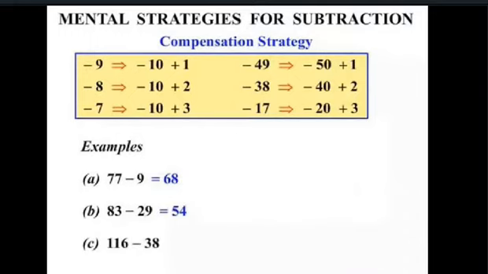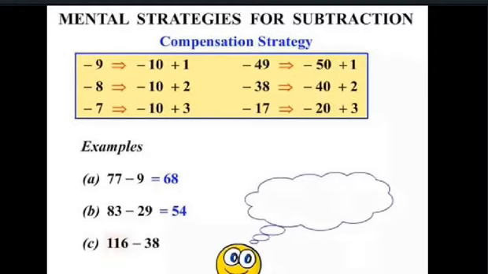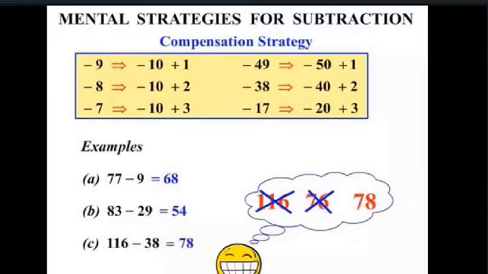116 minus 38. Let's start thinking 116 and subtract 38, which is pretty close to 40. So now what we will do is subtract 40 and then add 2. So let's take away 40 from 116. We will get 76 and still need to add 2. So we will get 78.